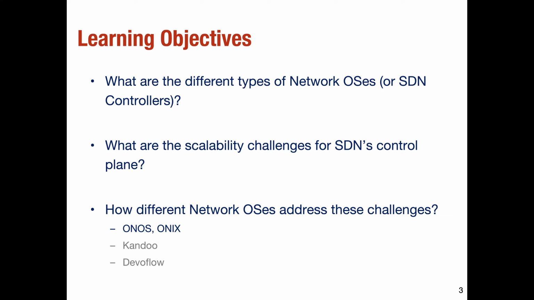So we will stick with network operating systems, but if for some reason I end up saying SDN controllers, we should consider that as a network operating system. And if there is any other nuance that needs to be discussed, I'll cover that as we move forward, right?